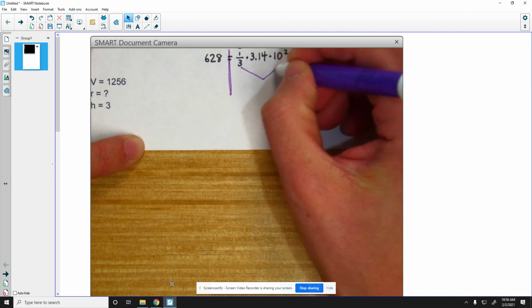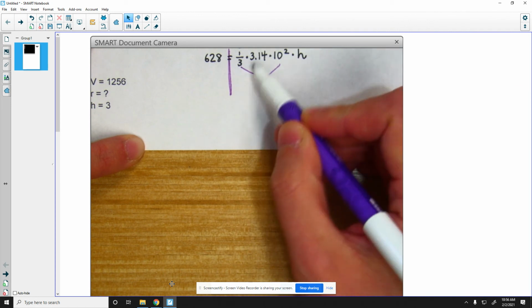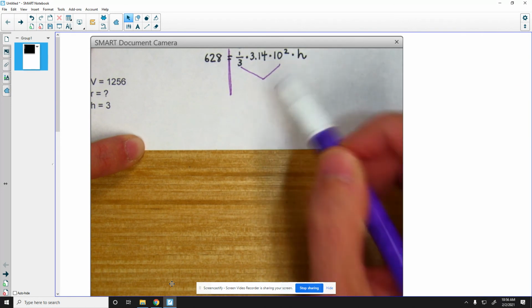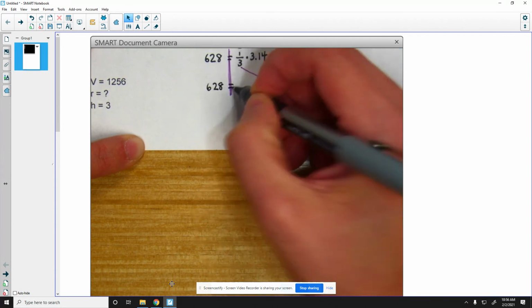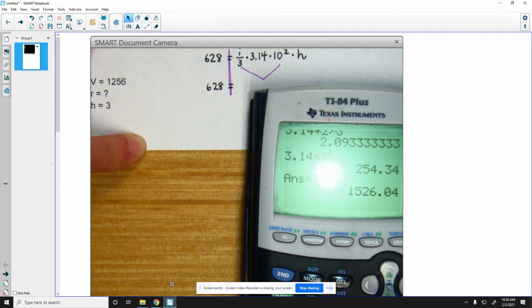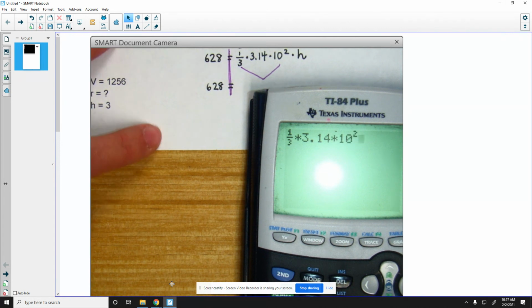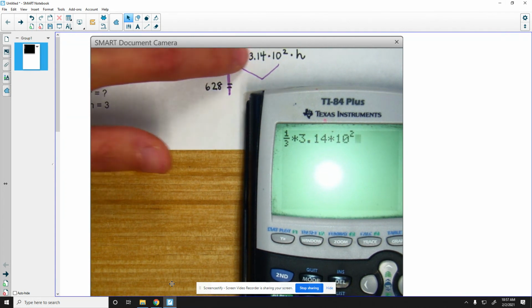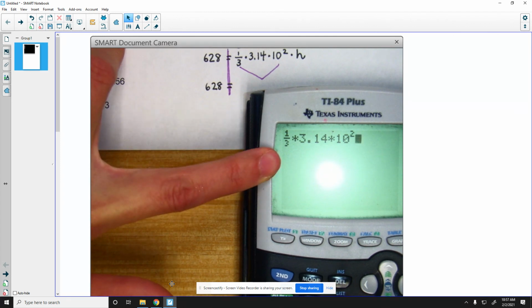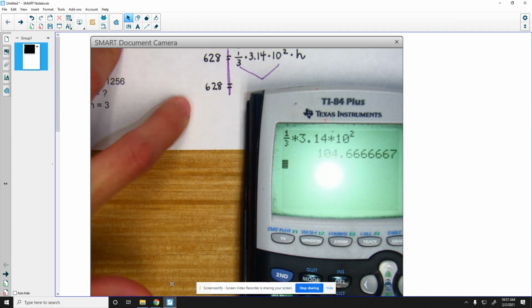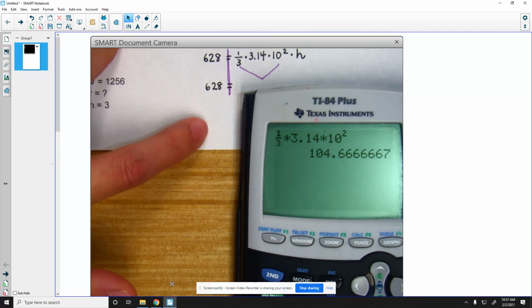Doesn't all of this just equal a number? Can't I just type it in my calculator? So I can write my equation as 628 equals 1/3 times 3.14 times 10 squared. I'm multiplying all those numbers together to make it one number, to make it cleaner, and that equals 104.6 repeated.